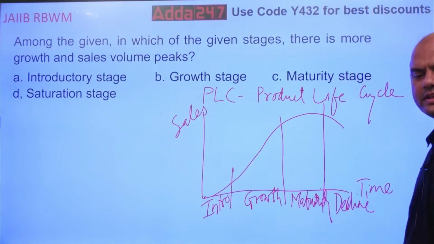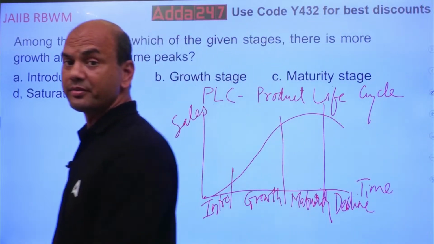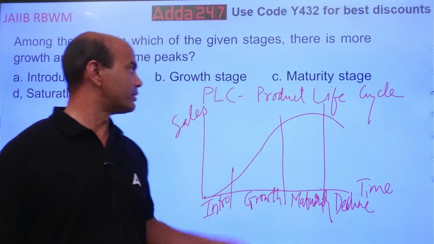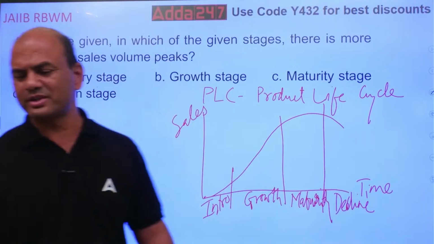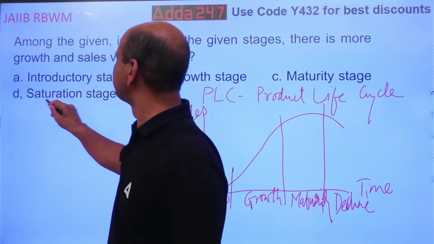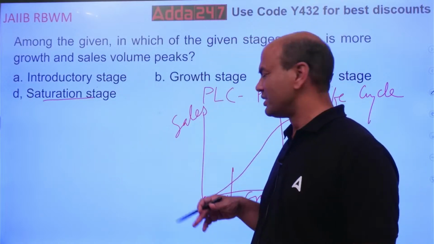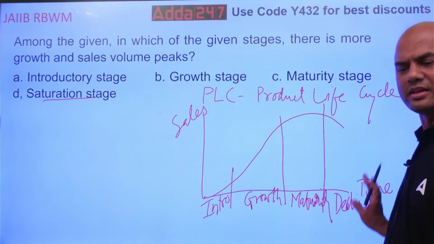So these are the 4 stages in any product life cycle. Okay, so now you tell me, these are the stages. So can anyone tell me the answer by just looking at it? But what is this saturation phase? Where is this saturation phase? There is no phase called as saturation in your PLC. PLC, these are the phases: intro, growth, maturity and decline.